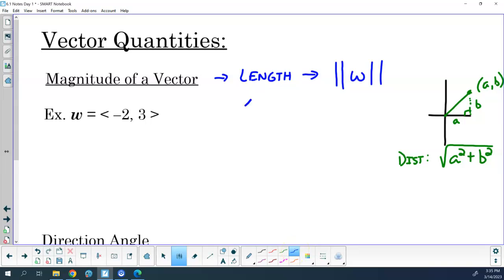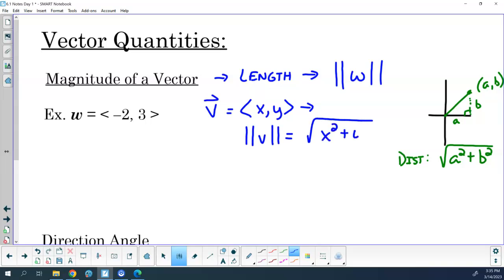So the magnitude, if we have the vector x comma y, let's call this vector v. If we have that vector, then the magnitude of v is going to be the square root of x squared plus y squared. So if vector w is negative 2 comma 3, then the magnitude of w would be the square root of negative 2 squared plus 3 squared.